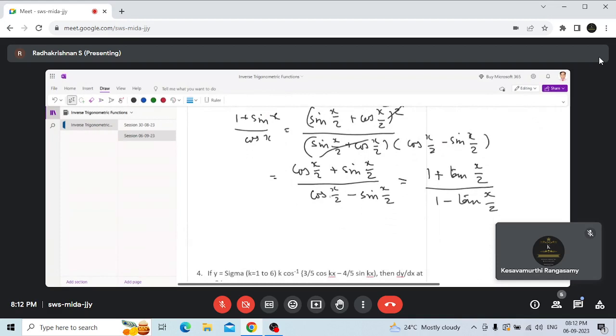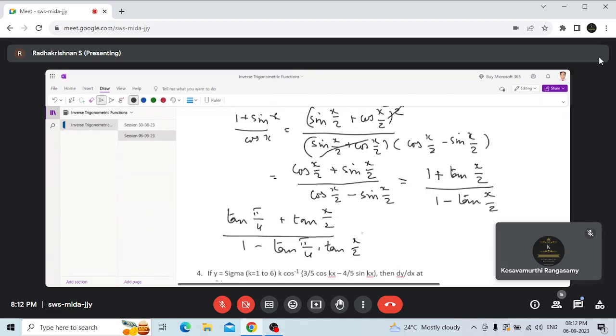Okay. Now this 1 can be written as tan pi by 4. So now it comes like a formula. So now you see that this is our formula for tan a plus b.